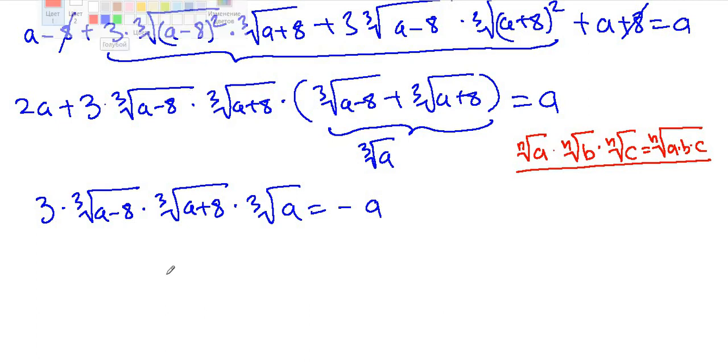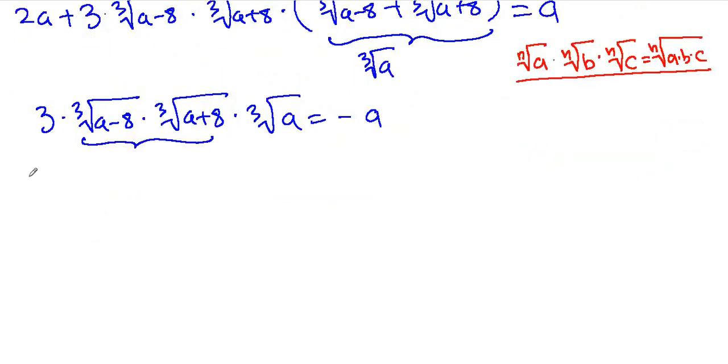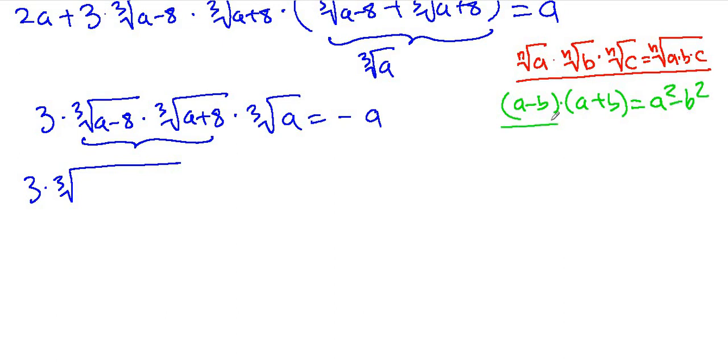So here I'm going to multiply these two radicals, then I'll get 3 times cubic root of a squared minus 8 squared. I'm going to again use the following formula. We know that a minus b times a plus b is always equal to a squared minus b squared. Now using this we can multiply a by a and minus 8 by 8, so therefore a squared minus 64, times cubic root of a is equal to minus a.